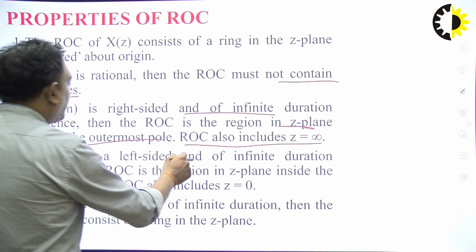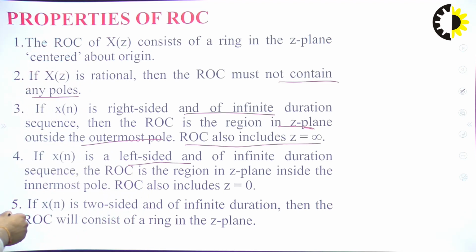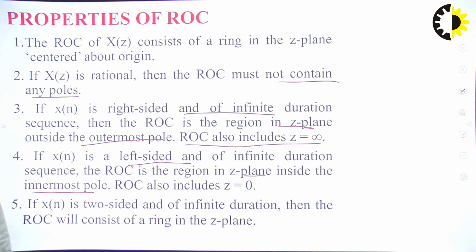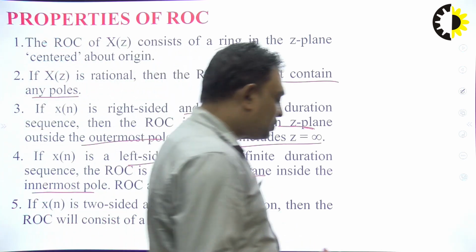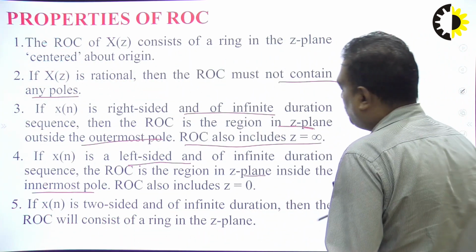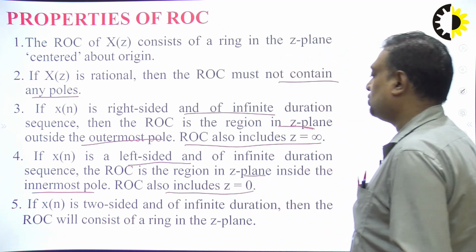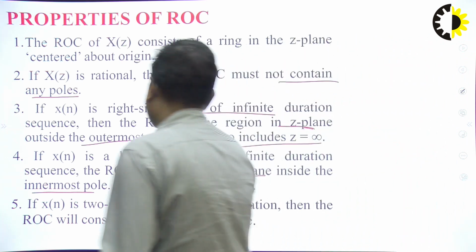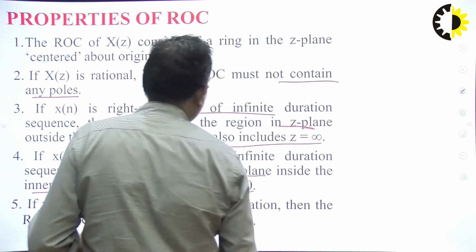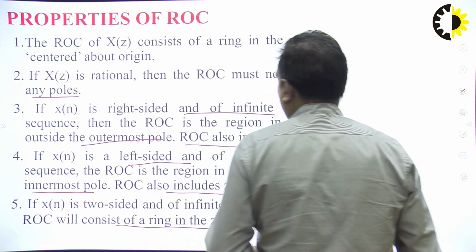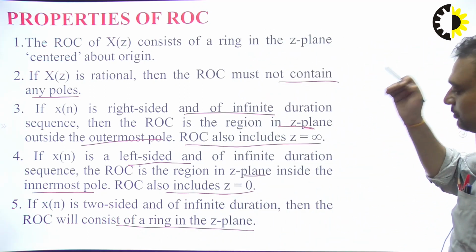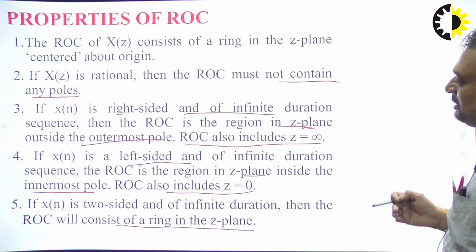If x[n] is a left-sided signal of infinite duration, the ROC is the region in the z plane inside the innermost pole, so it will definitely include z equals 0. And if x[n] is two-sided and of infinite duration, then the ROC will consist of a ring in the z plane, meaning one region becomes outward and the other becomes inward.